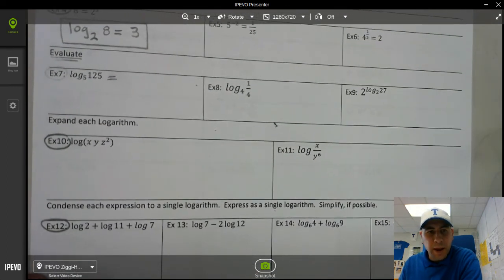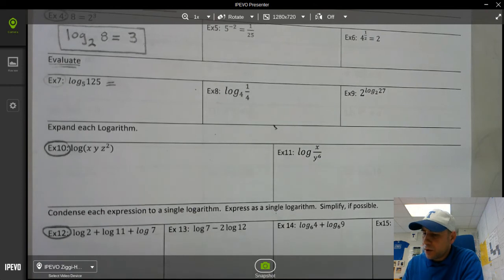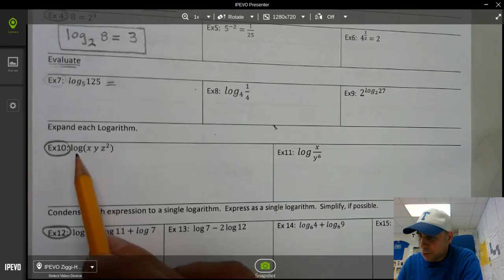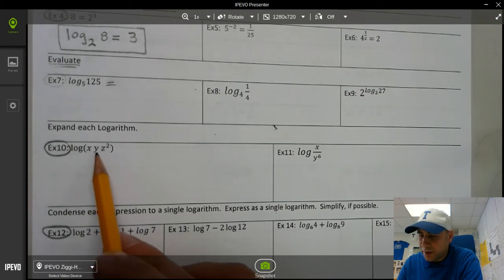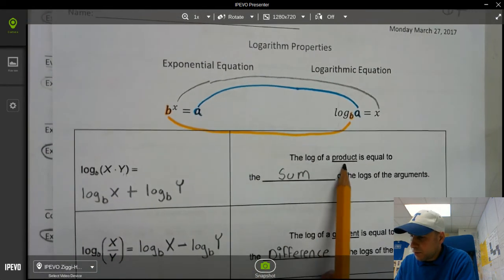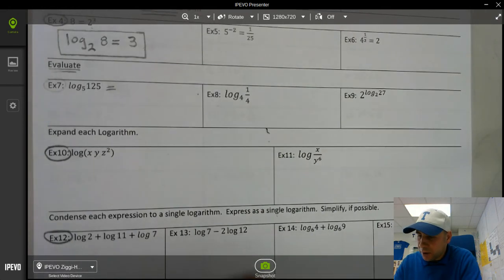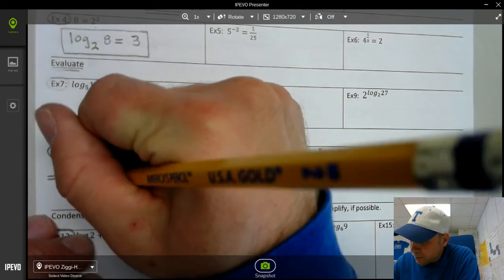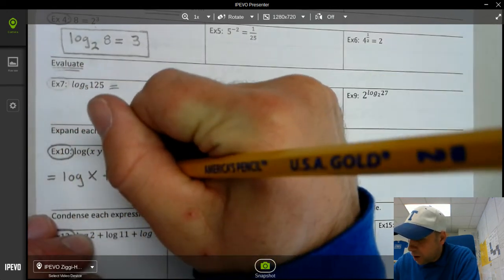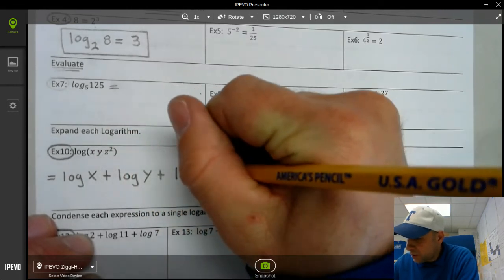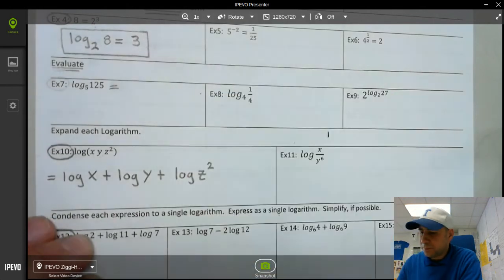All right. Expand each logarithm. Okay? So here, I first see that I'm looking at the product. So I'm doing product. So I know that this is condensed. I'm going to expand it. Okay. So I'm basically looking at here. I see this. So I'm in the product. Okay. So I know that I can write this as the log of x plus the log of y plus the log of z squared.